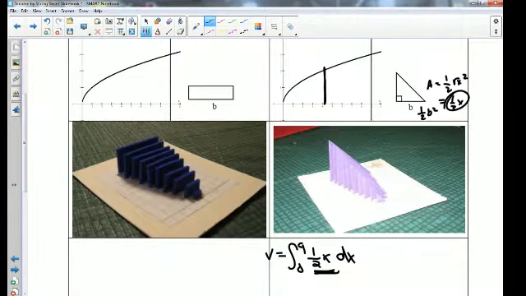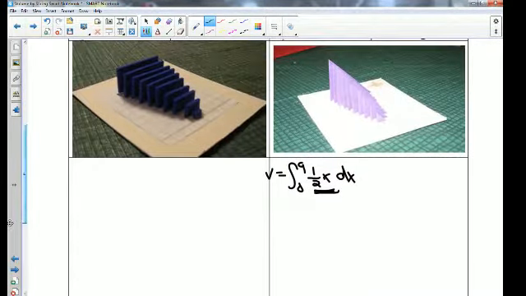Because this is b, correct? The function is the square root of x, so b is root x. We'll substitute root x in for b, and then root x squared is x. Would it be 1/2 x squared over 2? Evaluated from 0 to 9.